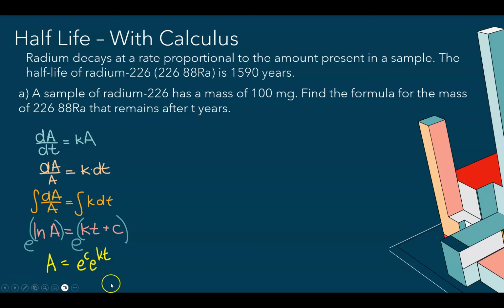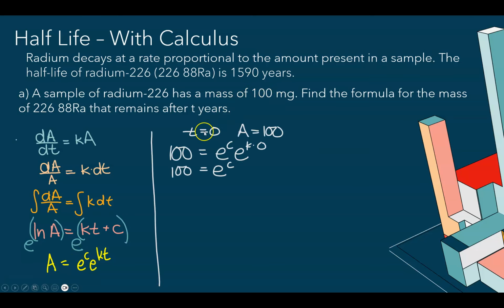So then we want to fill in this e to the C, and we know it's going to be just the initial amount, this 100. And so I guess we're just going to say time is 0 corresponds to the amount of 100. 100 is e to the C times e to the 0. So 100 is e to the C, and we have the amount is the initial 100, e to the kt.